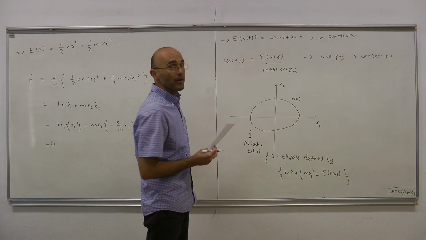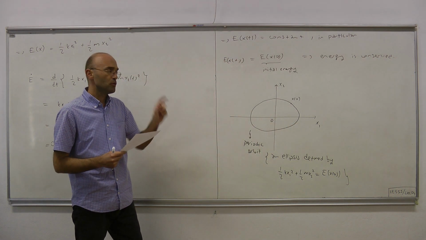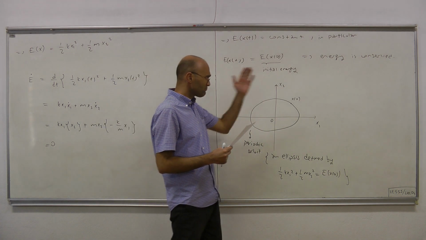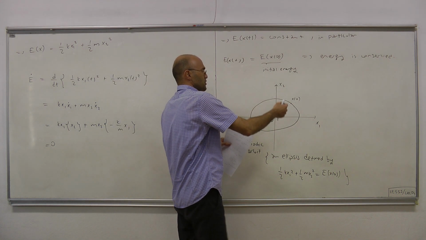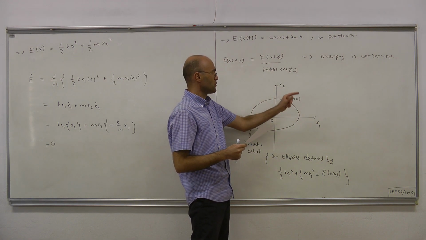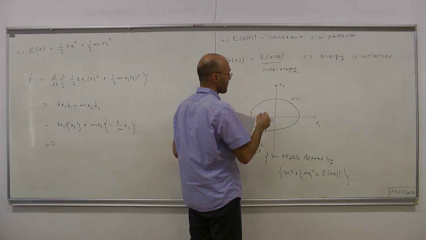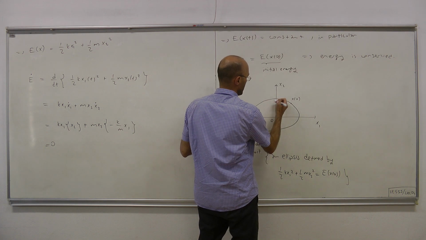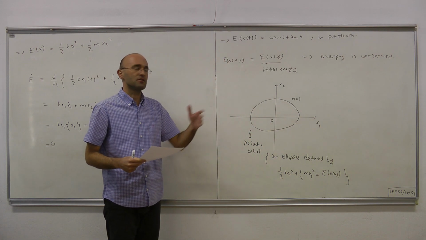And now how about the direction? Remember, all we have to do to determine direction is remember the equations, the dynamics. The first equation was x1 dot equals x2. For instance, choose a test point, for instance this point here where x1 is 0 and x2 is something positive.